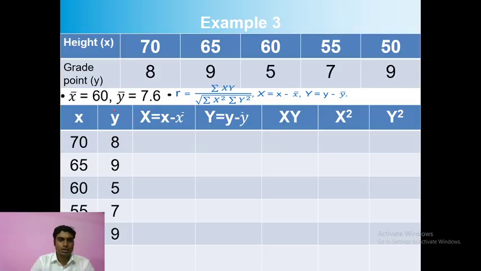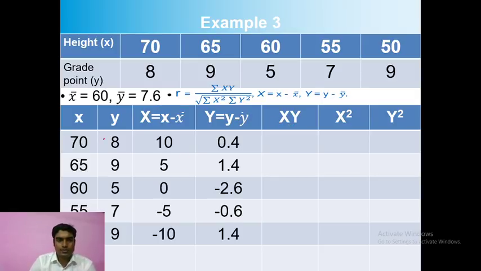So x and y in the first columns, then capital X is x minus x bar, and so on, right? So I write all the x variable in the first column and the y variable here, and capital X is this one, small y is this one, right? So 70 minus 60 is 10, then 60 minus 60 is 0, 55 minus 60 is minus 5, and so on. Similarly for capital Y.